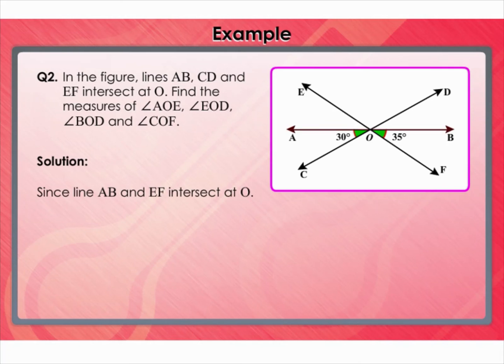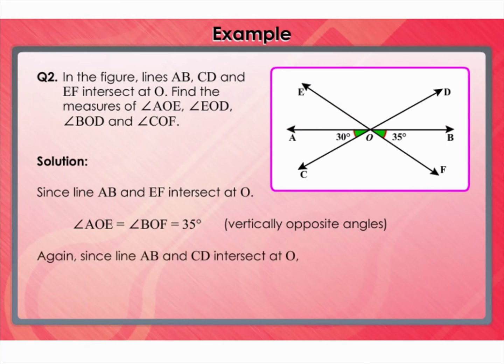Since line AB and EF intersect at O, therefore angle AOE is equal to angle BOF is equal to 35 degrees, since angle AOE and angle BOF are vertically opposite angles. Again, since line AB and CD intersect at O, angle BOD is equal to angle AOC is equal to 30 degrees, since angle BOD and AOC are vertically opposite angles.